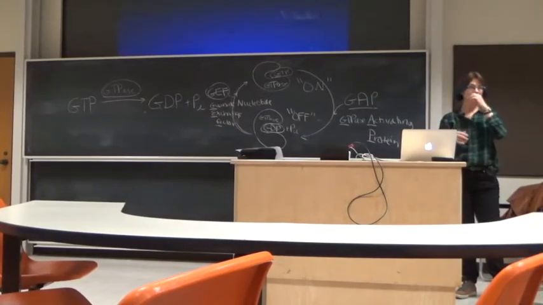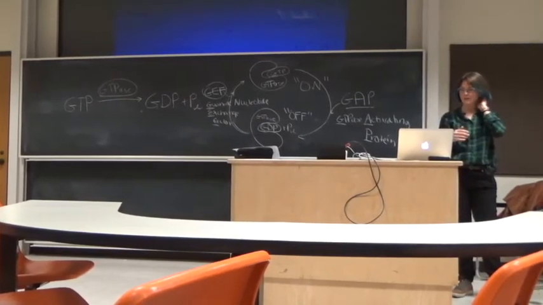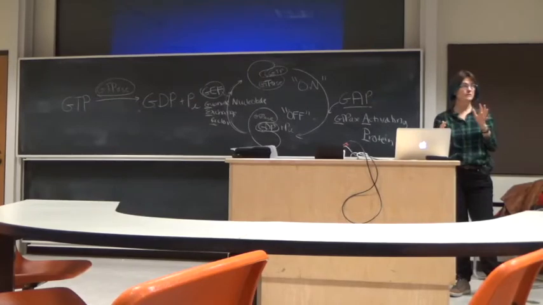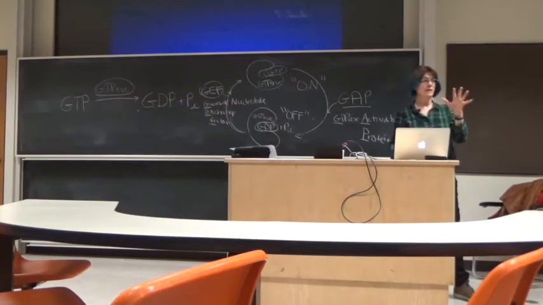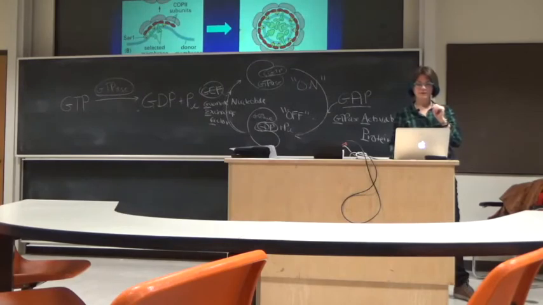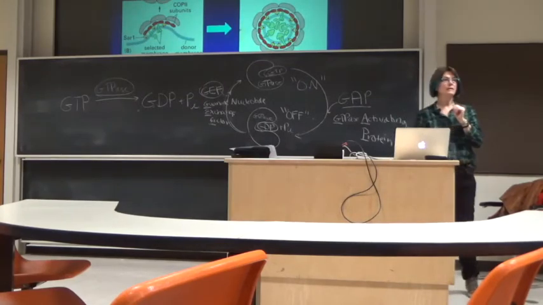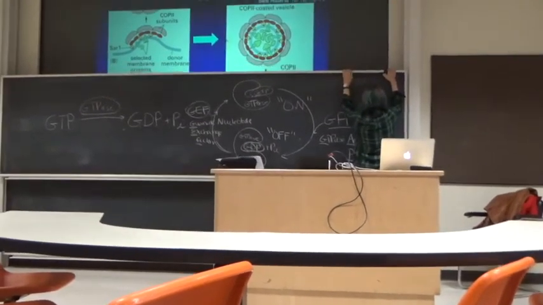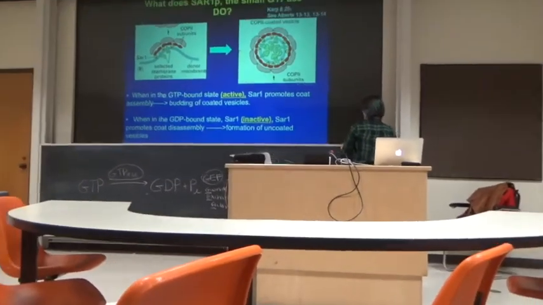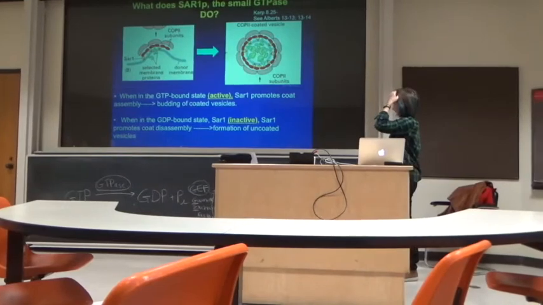Okay, this one you need to know. Now that we understand how small GTPases work, we're going to talk about how they work in membrane trafficking. Because we're going to talk about a small GTPase called SAR1.